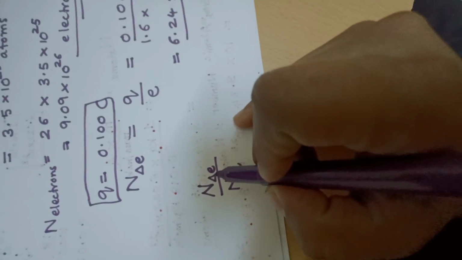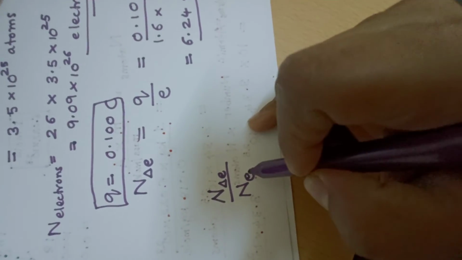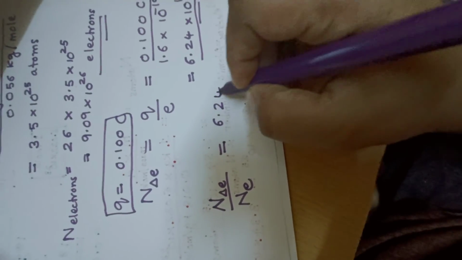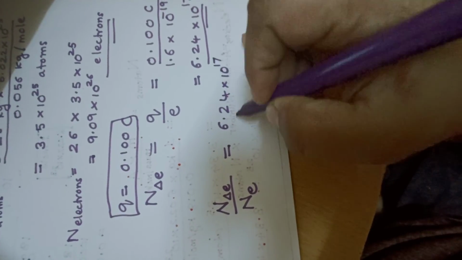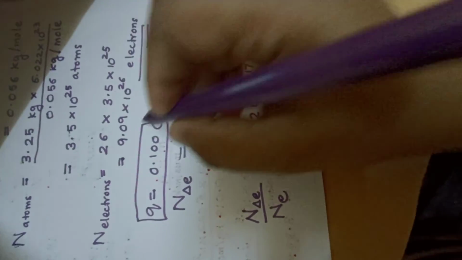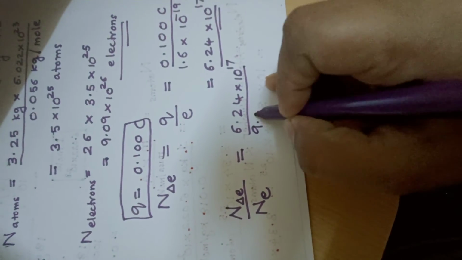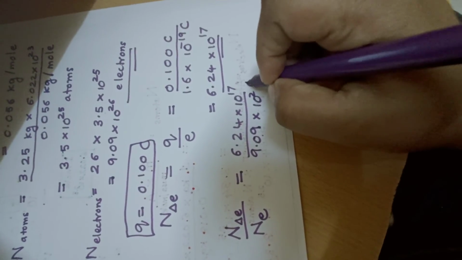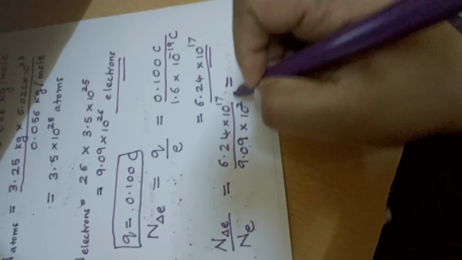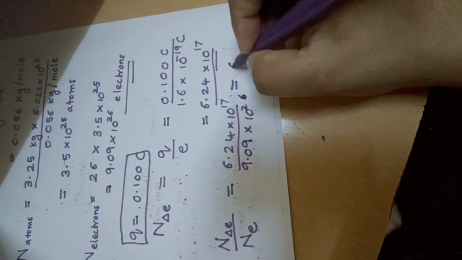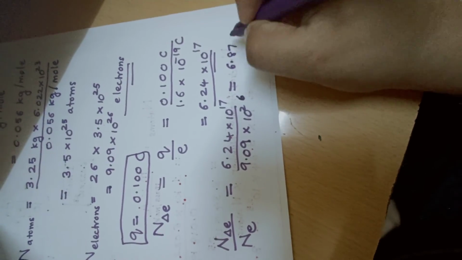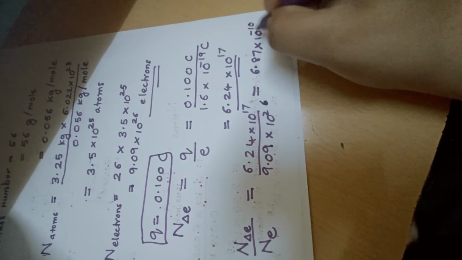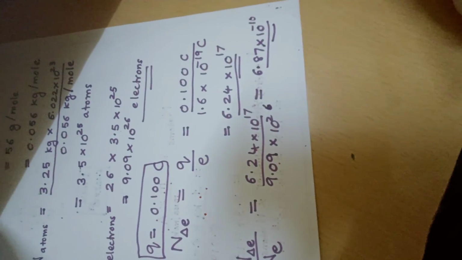So the electrons lost divided by the total number of electrons, that will be 6.24 times 10 to the power 17 divided by this number, 9.09 times 10 to the power 26, and you will get the answer as 6.87 times 10 to the power minus 10. So this is the fraction of electrons.